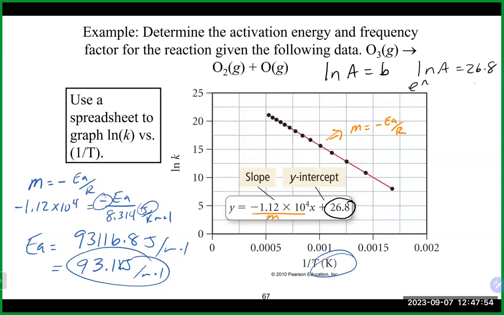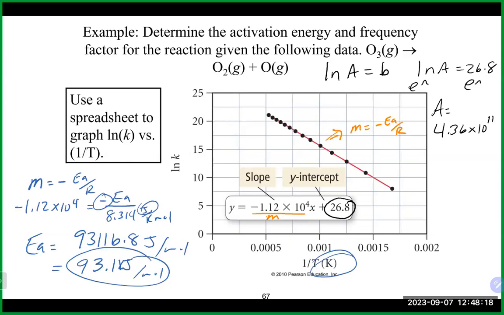Again, we're going to take the e of both sides, and that will give us our frequency factor of 4.36 times 10 to the 11.